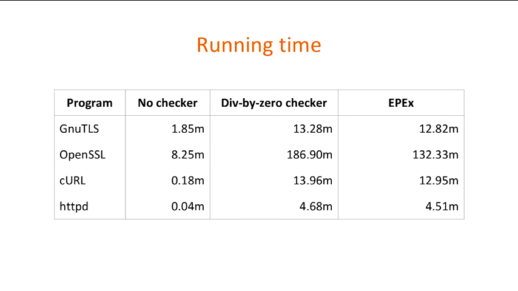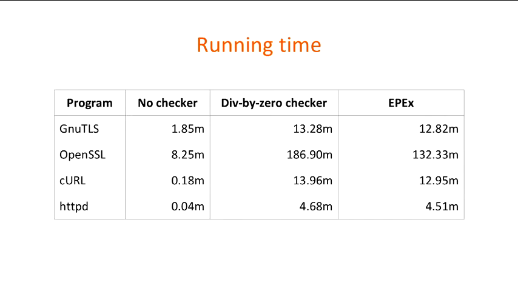Now, how fast is it? Here are their run times. The leftmost column says which programs we looked at. The second column gives the time for compiling the project without any checkers. The third column says how long it took to use the division by 0 checker, which is another checker that comes with Clang.